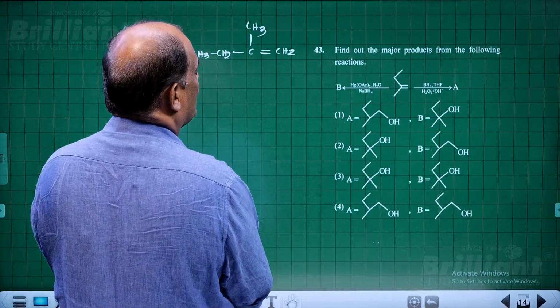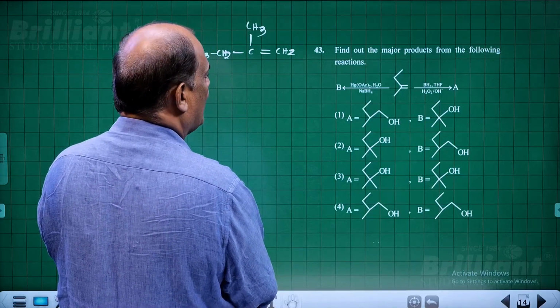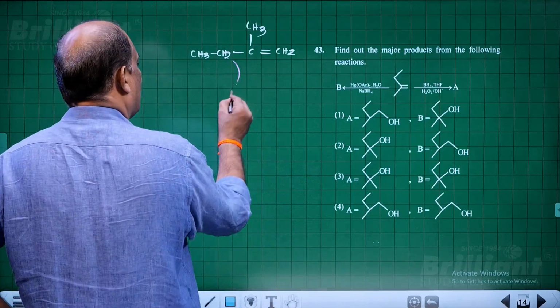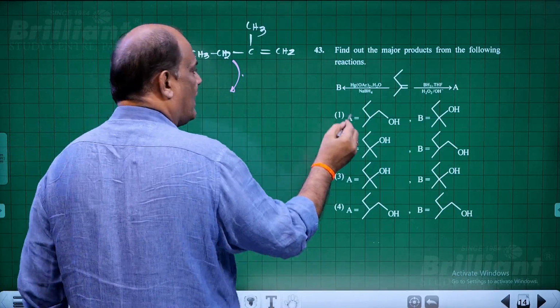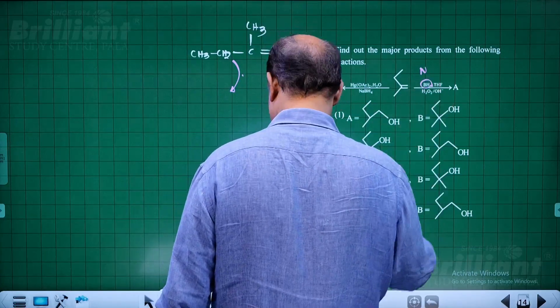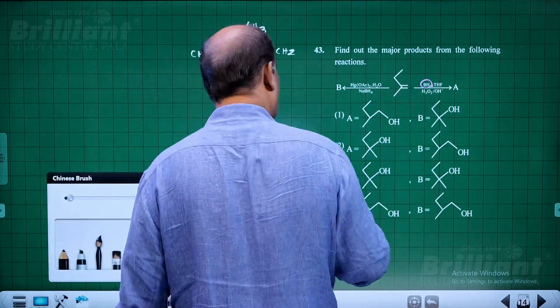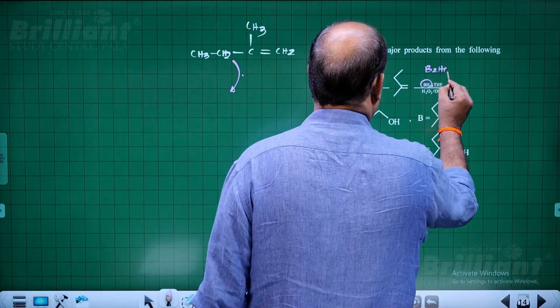Now, oxymercuration-demercuration, and that is hydroboration-oxidation. In hydroboration-oxidation, generally BH3 is there, but we are not supposed to show BH3 like that.